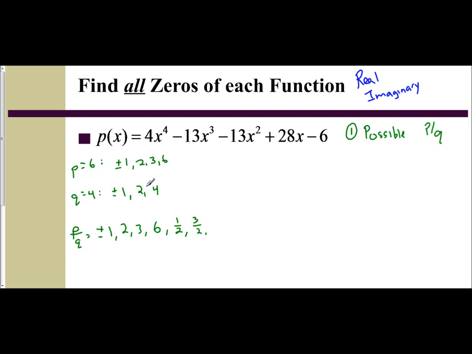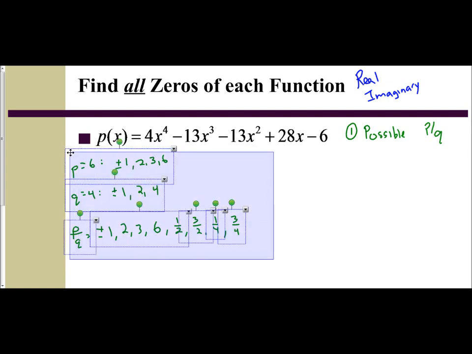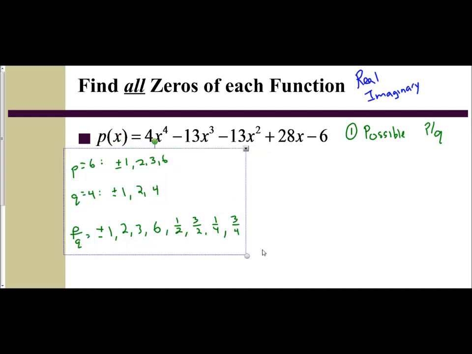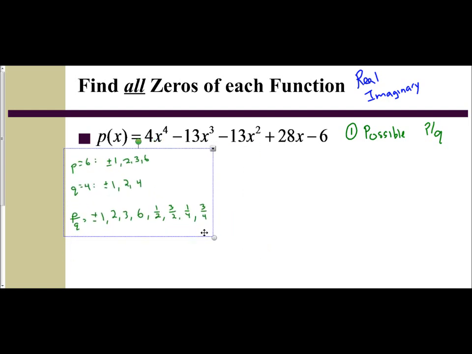When we take 6 and divide by 2, that's 3. Already there. So we have 1/4 next. 2/4 is 1/2. Then we have 3/4. And we have 6/4, which is 3/2, which is already accounted for. And so our possible rational zeros are plus or minus 1, 2, 3, 6, 1/2, 3/2, 1/4, and 3/4.